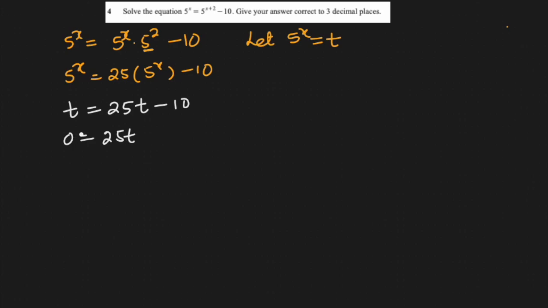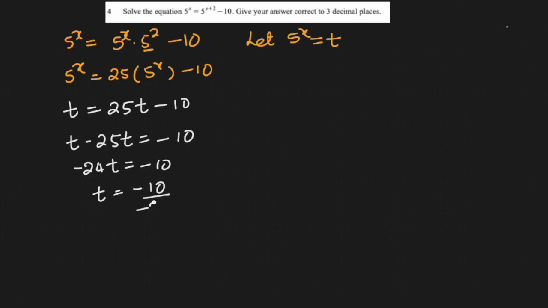Let's bring it to the other side, that will be even easier. So t minus 25t is equal to minus 10. So minus 24t is equal to minus 10. t is minus 10 over minus 24. Both cancel out, and we can convert it to a smaller fraction, which is 5 over 12.